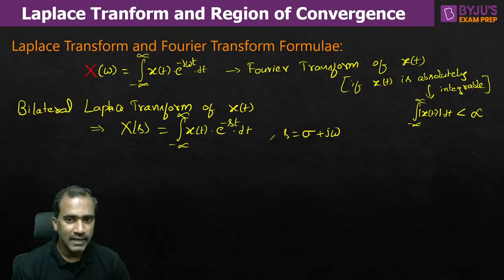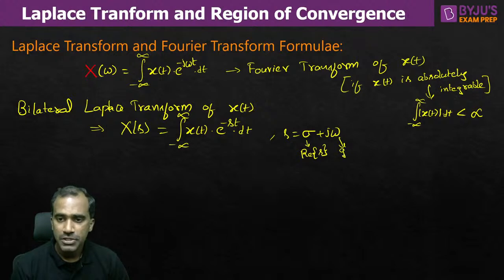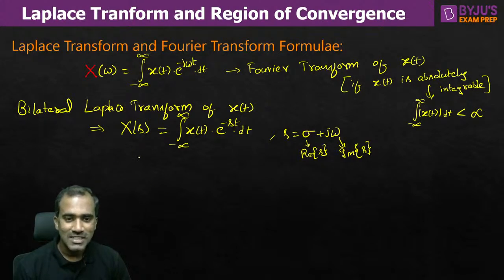We have to understand that as well. This sigma is the real part of s, and this omega is the imaginary part of s. So s is a variable here in Laplace transforms. Similarly, let us talk about the unilateral Laplace transform that you use in mathematics.